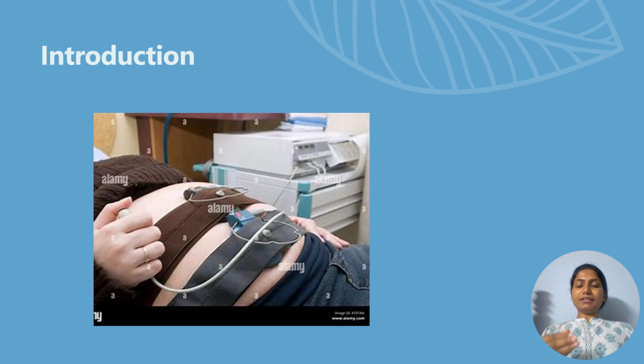When there is a uterine contraction, what is happening to the fetal heart rate is what we are interested in, and what is determined by a CTG machine. That is why it is called cardiotocography. Cardio is fetal heart rate, toco is uterine activity, graphy is a graphical representation. We can see the mother is holding a pen-like device.